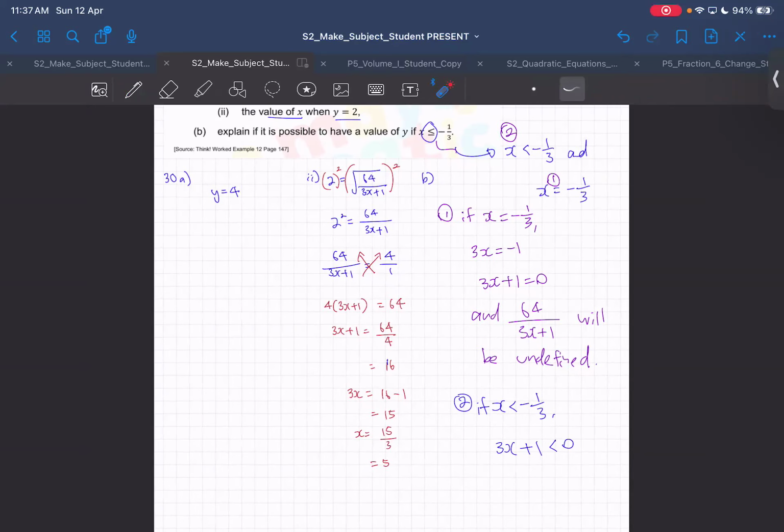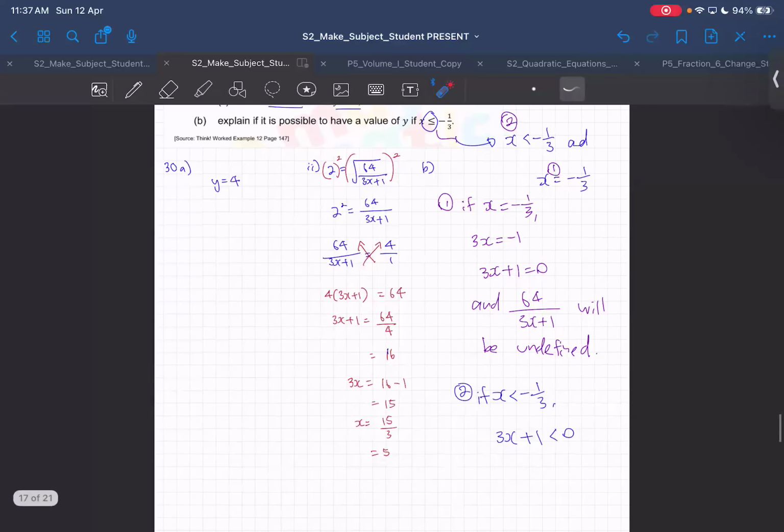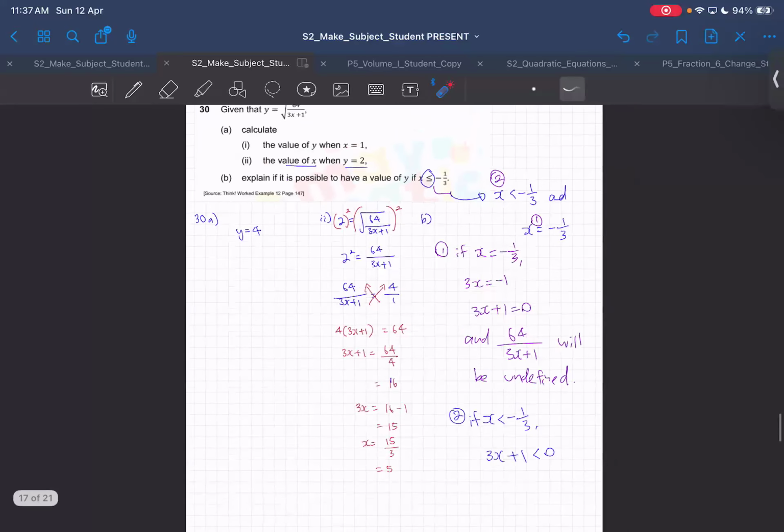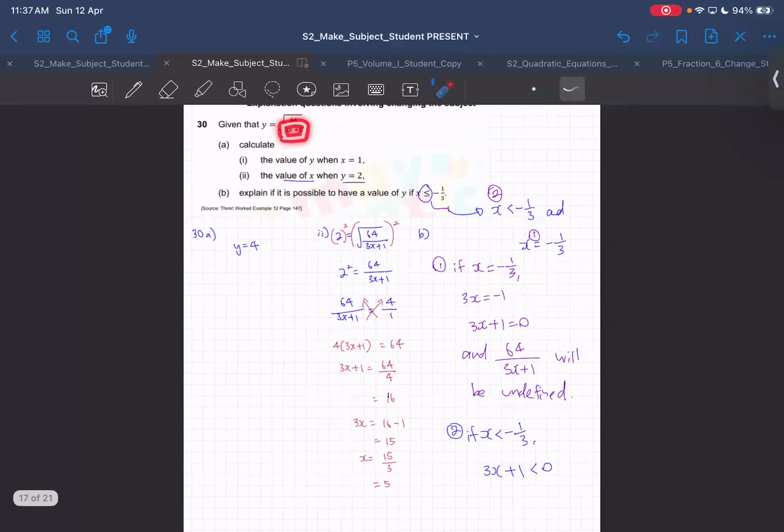I just change the equal sign to less than, because it's the same. After that, 3x plus 1 is less than 0. Then you look at the fraction again. Look at y. If my denominator is less than 0, then my entire thing will be what?